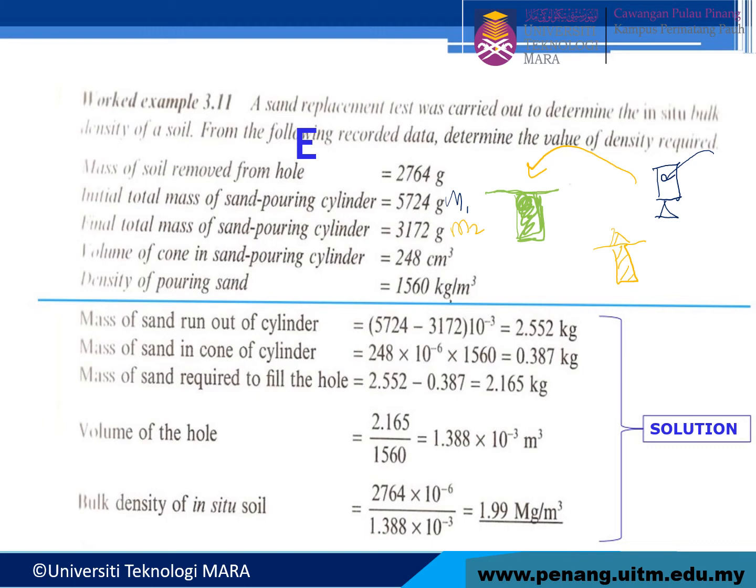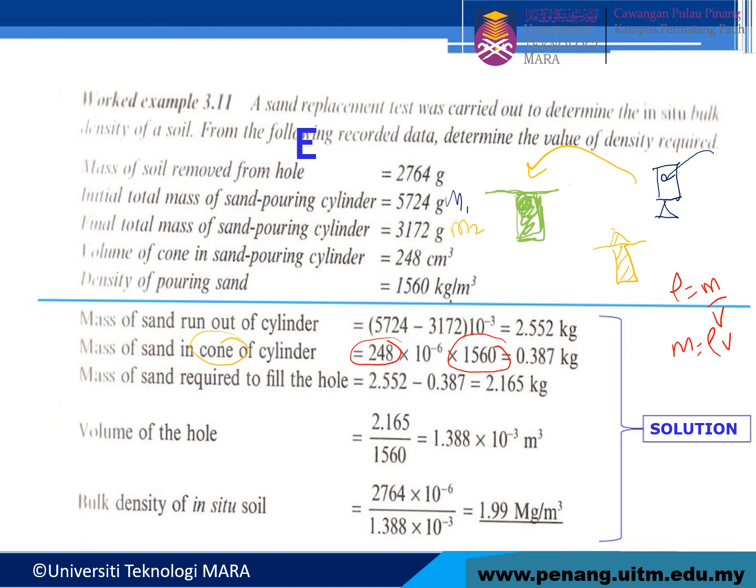Next, the mass of sand in the cone. As you know, rho is equal to M over V, so M is equal to rho V. V is 248, rho of sand is 1560, so you will get 0.387.